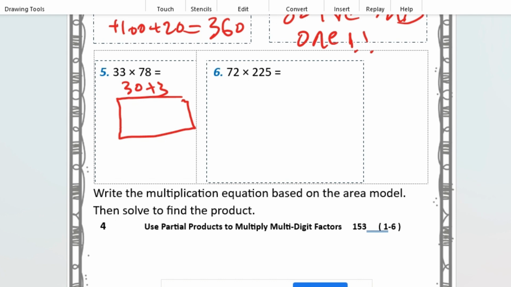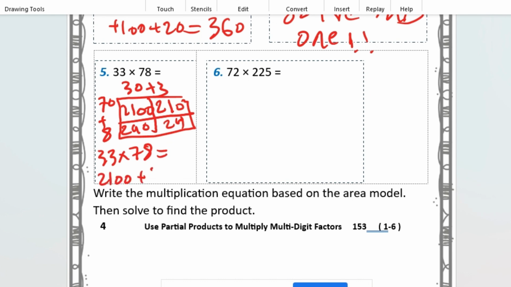We put the tens on one side and the ones on the other side. 78 will be 70 plus 8, and we just put our rectangle. 70 times 30 is 2100. 70 times 3 is 210. 8 times 30 is 240, and 8 times 3 is 24.